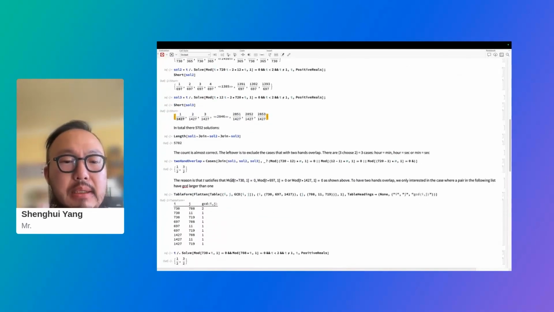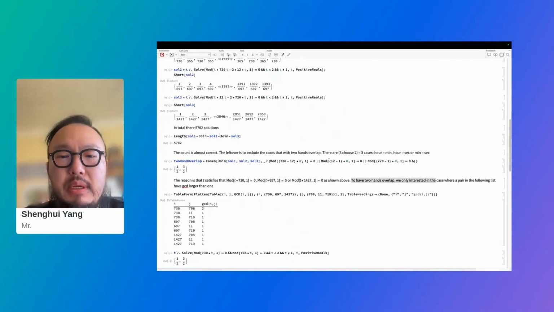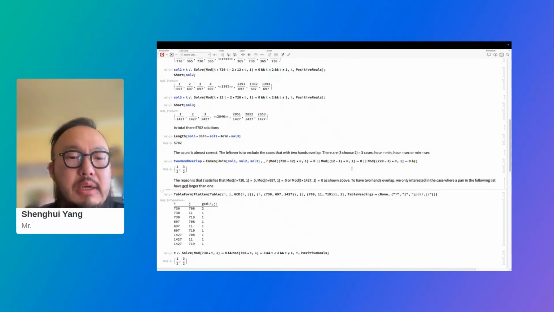So it must satisfy one of the equations. And if two hands overlap, it must be one of these equations. So we pair up this 720, 730 with all these numbers here, like 7, 708, 11, and 719, and see if they have any common divisor larger than 1. So basically it's a co-prime test.